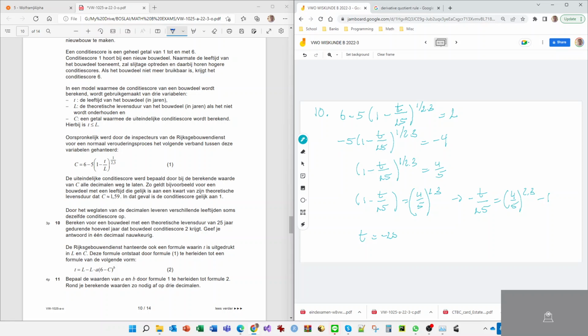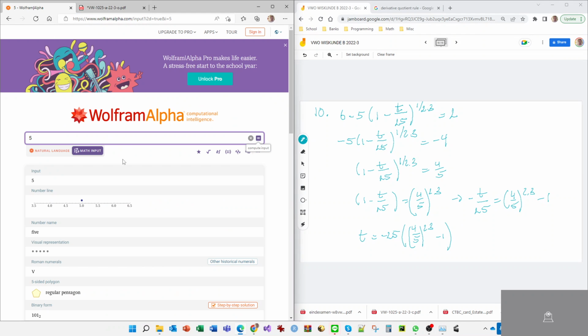And then multiply both sides by minus 25, then you have isolated T. Minus 25 times (4 over 5 to the power 2.3 minus 1). So this you have to put in the calculator.